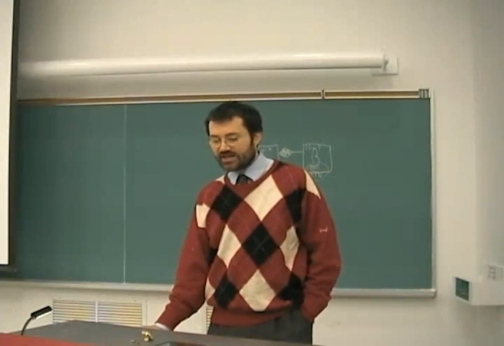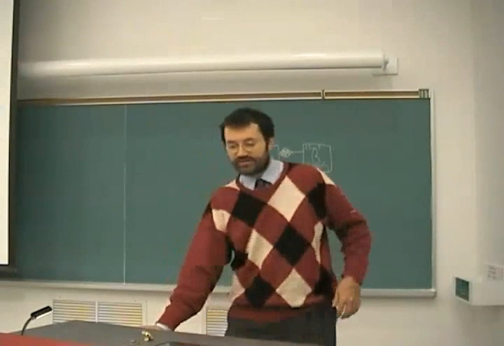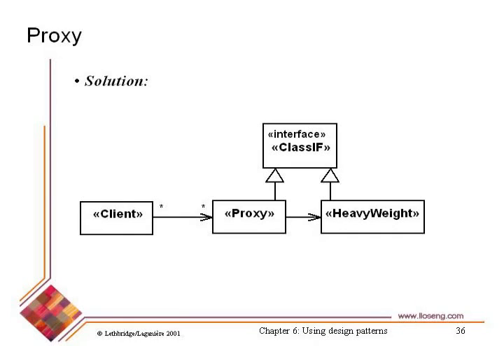Generally speaking, both the proxy and the heavyweight are going to implement a common interface. So they have the same operations. In the case of an image, get dimensions, get color map, things like that, and display. They both have a display.